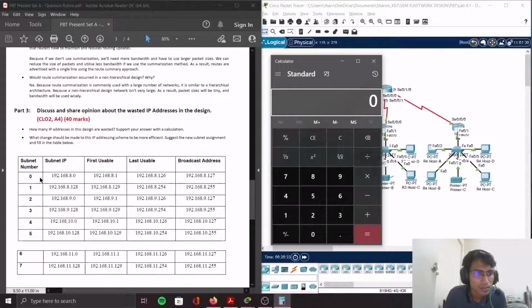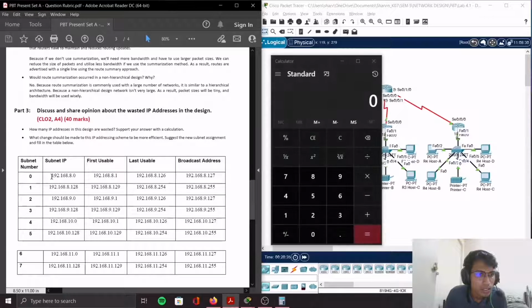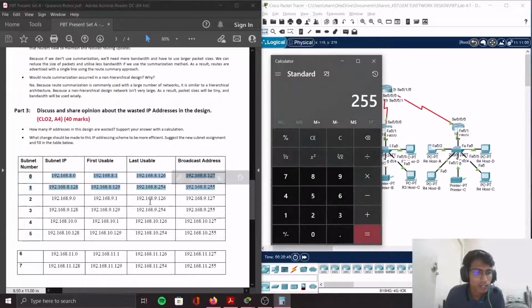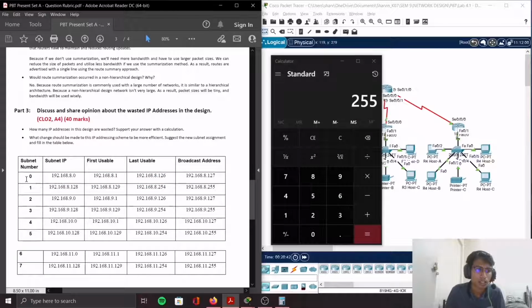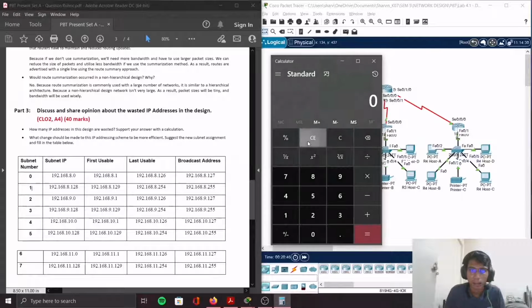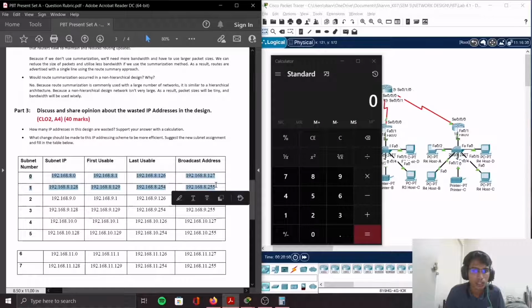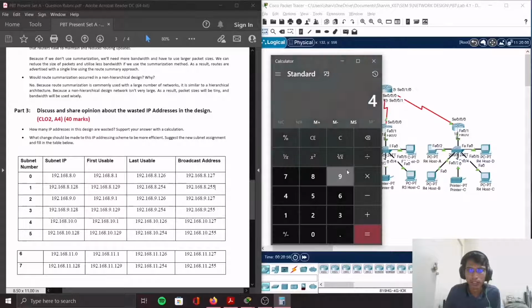You can see two subnets using 255 IP addresses each, so 6 divided by 2 equals 3.